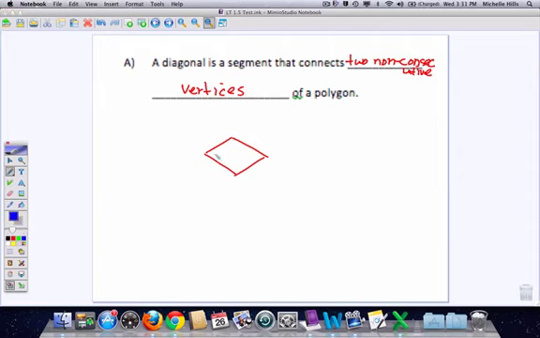If I just say two non-consecutive points, well, there's a point and there's a point, but the segment that connects them is absolutely not a diagonal. But if I take a vertex and another vertex that is not right next to it, not the next one in line, that is a diagonal. So a diagonal connects two non-consecutive vertices of a polygon.